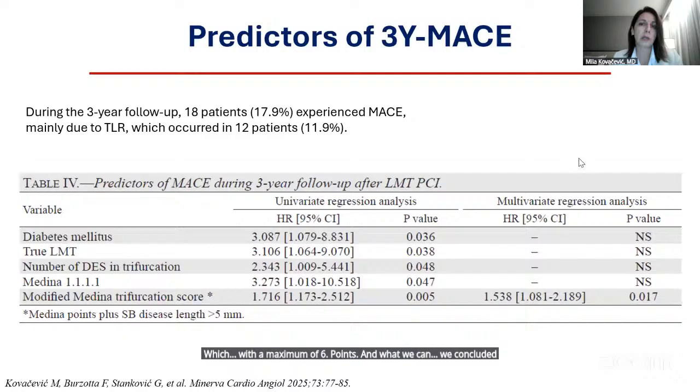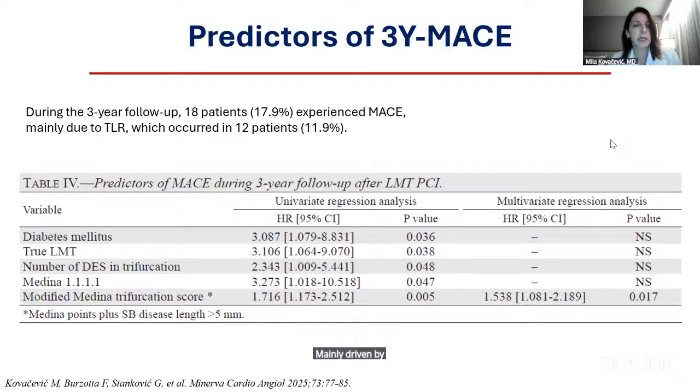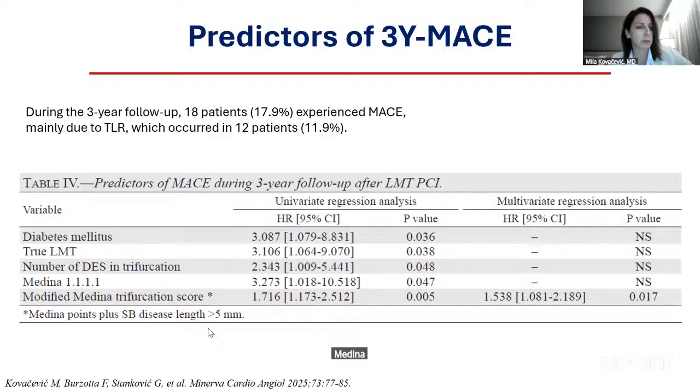What we concluded regarding the predictors of 3-year MACE is that 17% of patients experienced MACE, and this MACE was mainly driven by TLR. There were several predictors by univariate regression analysis: diabetes, true left main trifurcation, the number of stents used in PCI, trifurcation disease Medina 1111, and the modified Medina trifurcation score.